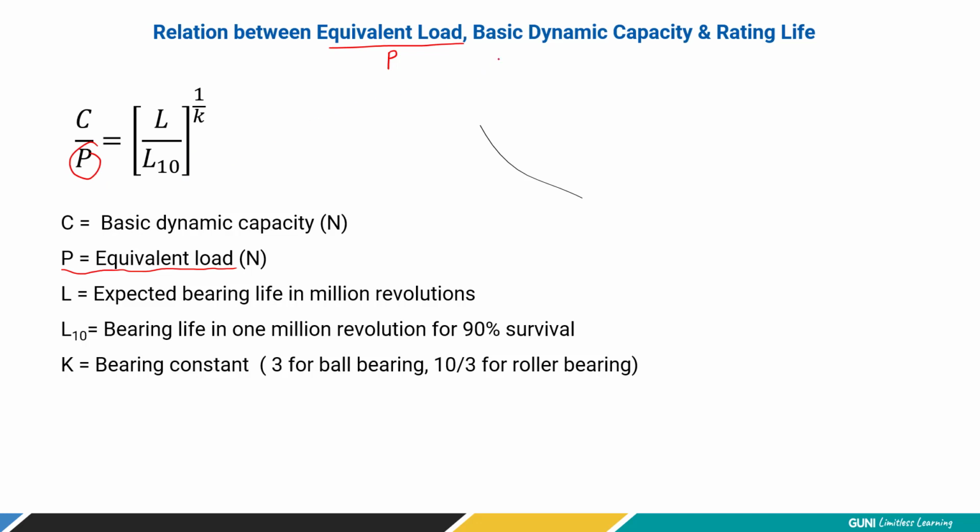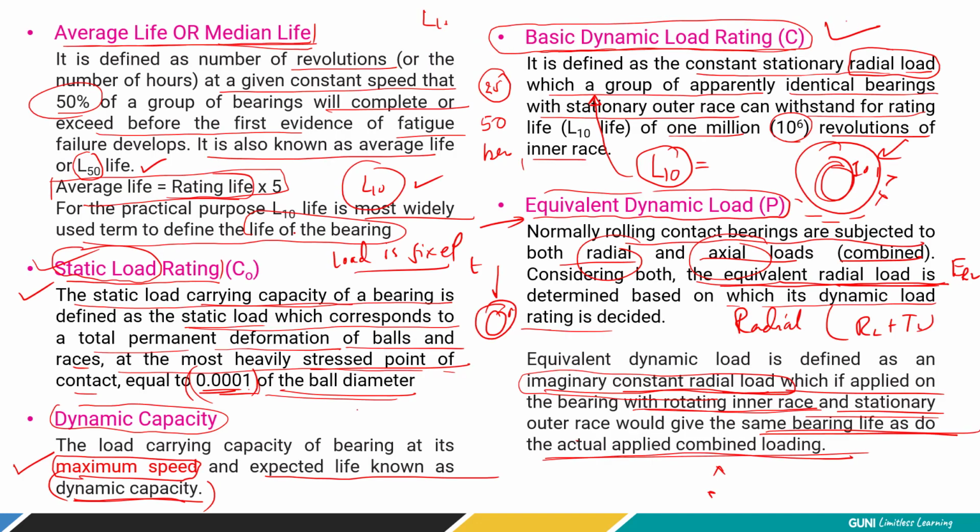Okay. Now what is basic dynamic capacity? That is C, capital C. Let's recall again what is basic dynamic load rating or capacity. It is defined as a constant stationary radial load. Students, please try to focus on the words. It is a fixed stationary constant load which a group of apparently identical bearings — मतलब एक जैसी जो बेरिंग लग रही है हमें, उसका डायमेंशंस अलग हो सकते हैं — so we are going to apply this kind of stationary load on those group of bearings.